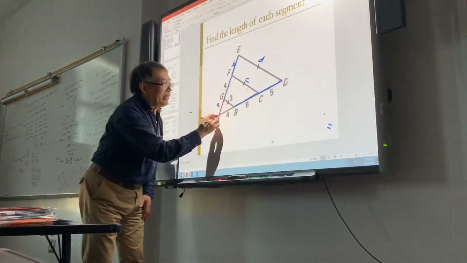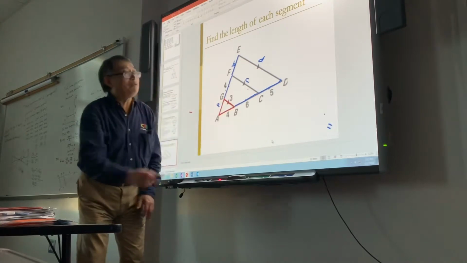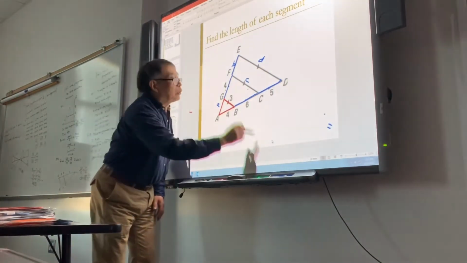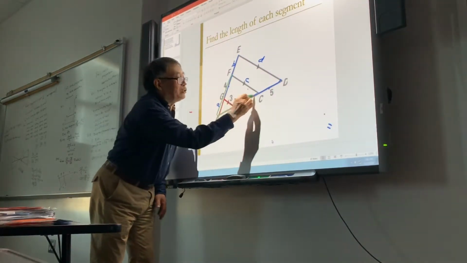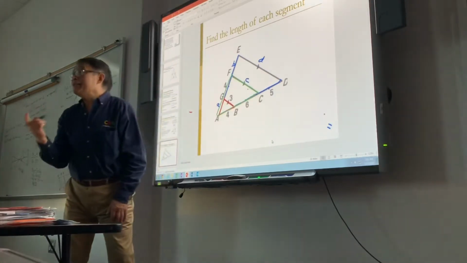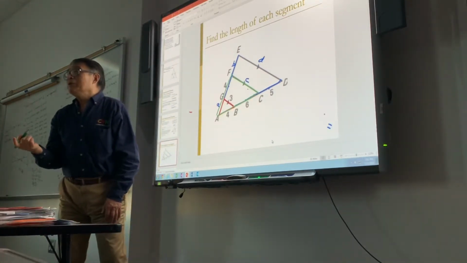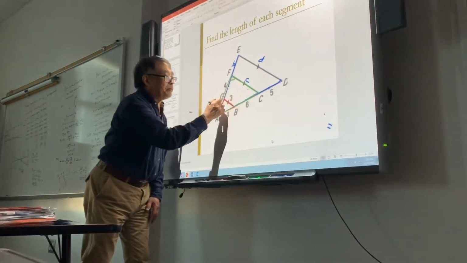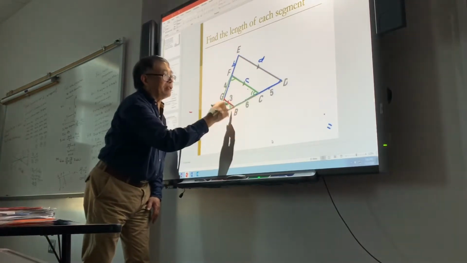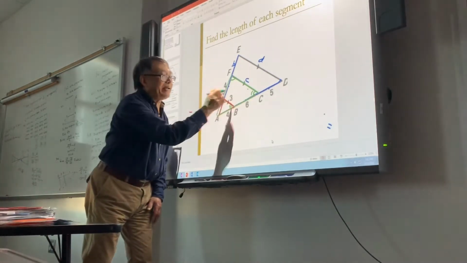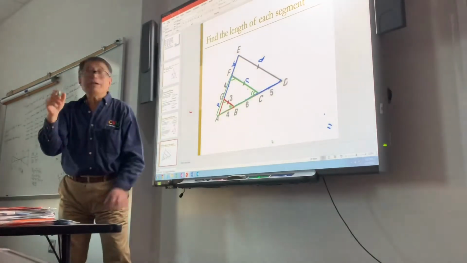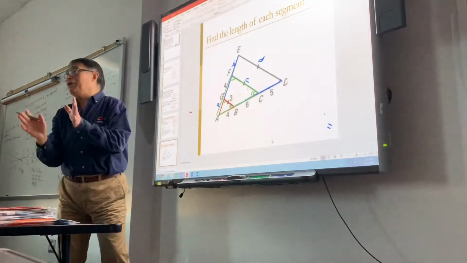The small triangle, the red small triangle, and the bigger green triangle are similar. Is that okay? Because corresponding angles, by AA, they are similar. Green triangle and red triangle are similar.